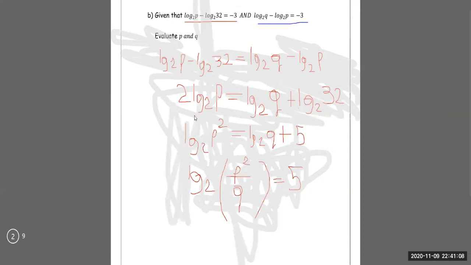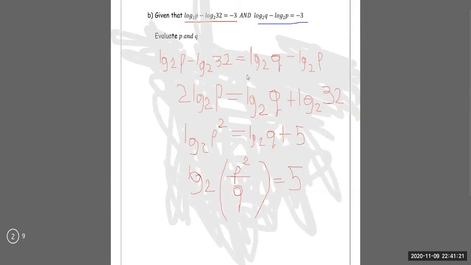Anytime they give us a log equation with two variables, two unknowns to solve for, always know it's going to be a simultaneous equation, all right? Sir, you could solve them, but not simultaneously. Meaning, if you just solve for log base 2 of p, you can just use the value that you found for that in log base 2 of q without having to do it simultaneously, I think.